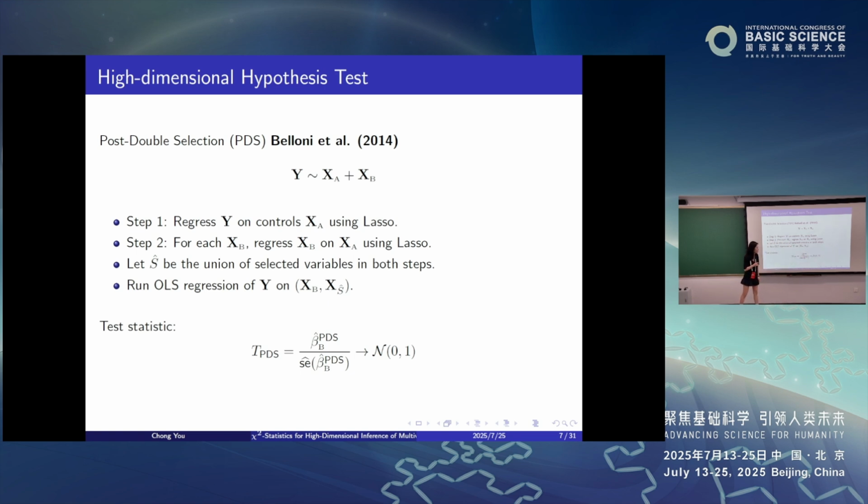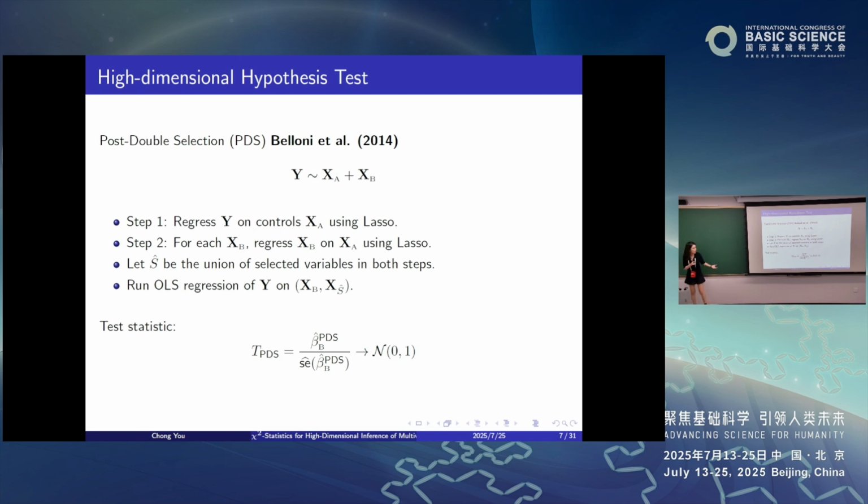The test statistic here is this one. With sparsity assumptions, we know that this estimate from the least square regression is unbiased, and the variance can be estimated consistently using the least square standard error.